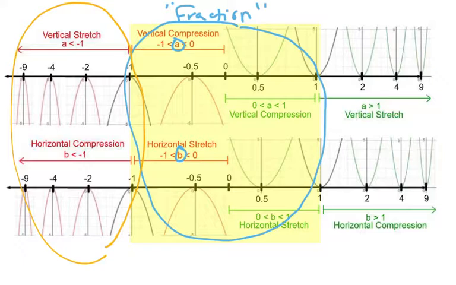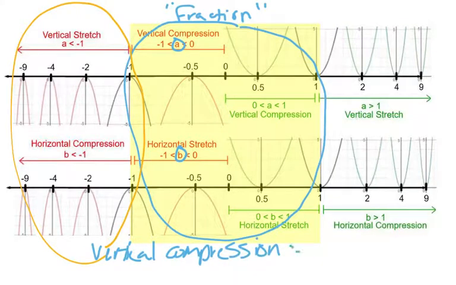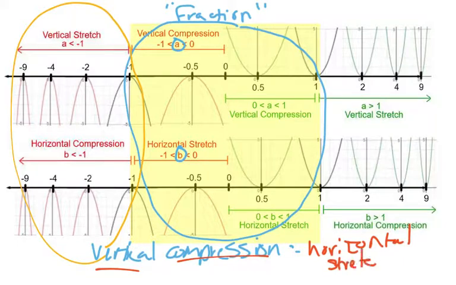That's the same for over here. If you ever have a vertical compression, that's the same as saying opposite of vertical, which is horizontal, and the opposite of compression, which is stretch. So if I ever say a vertical compression, I might mean horizontal stretch, and it could be the same thing.